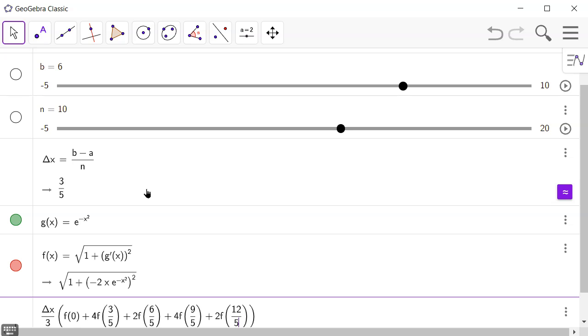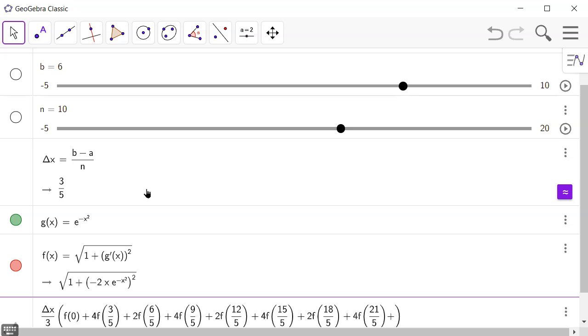I keep on adding 3/5. Next one is 4 times f of 15 over 5, which is 3, then plus 2 times f of 18 over 5, and plus 4 times f of 21 over 5.